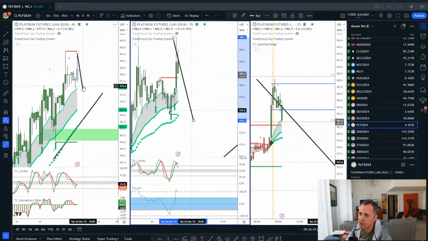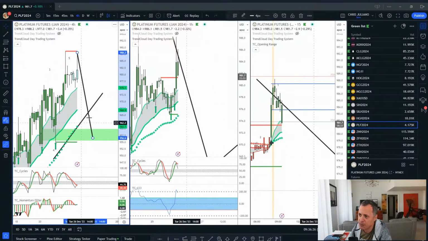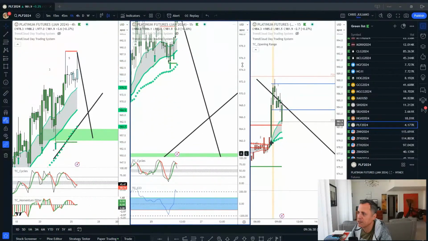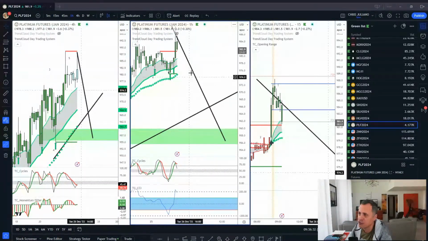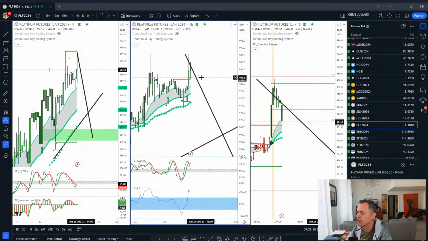But in this particular case, we've got an extended trend on the high time frame, and that means that this is going to want to travel below the 50 on the high time frame, which would definitely be some kind of trend reversal here. So why don't we start looking?